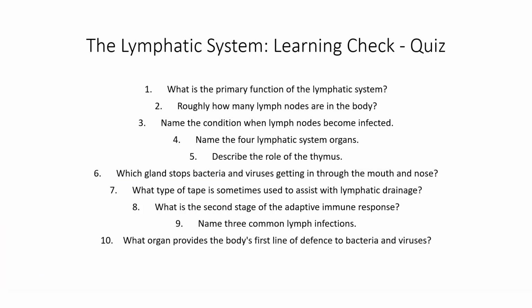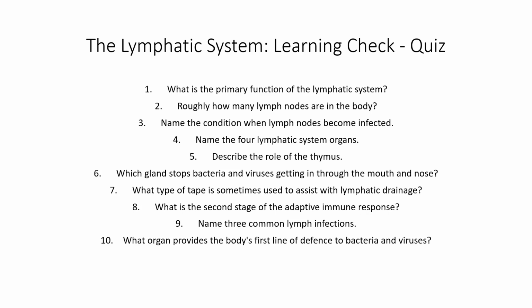Okay, so a quiz to recap the section as usual. Question 1. What is the primary function of the lymphatic system? Question 2. Roughly how many lymph nodes are there in the body? Number 3. Name the condition when lymph nodes become infected. Number 4.